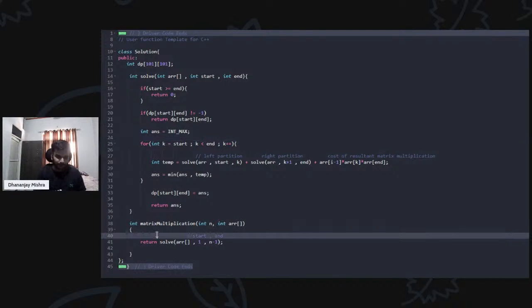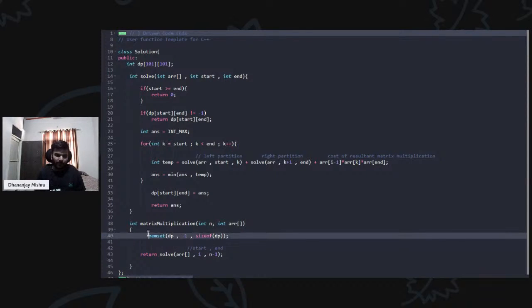So that's why initially the answer for any of the states or any of the ranges is not computed. So initially all the ranges will have the answer as -1, right? For that I will be using the memset function with -1 and size of dp.